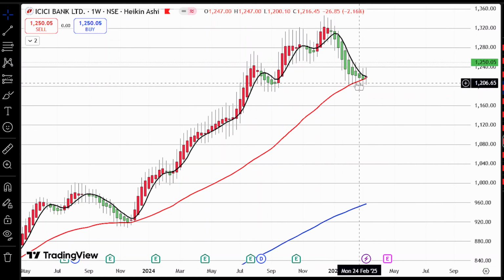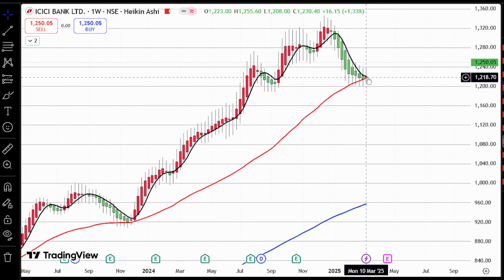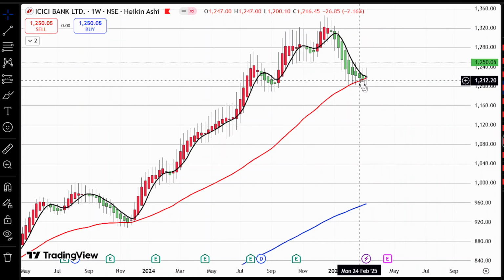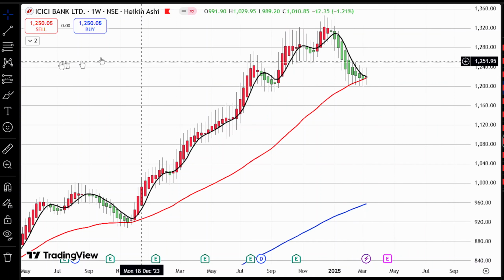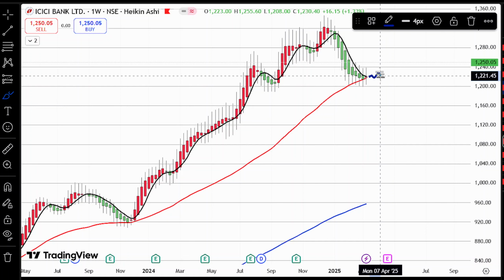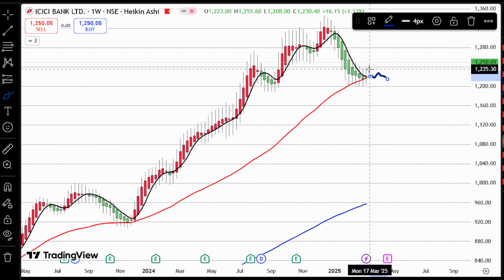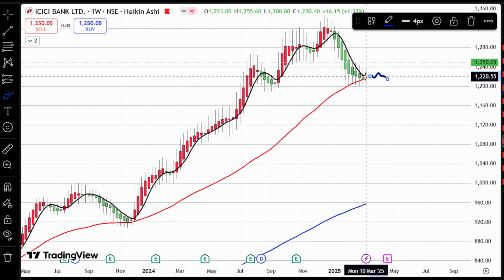When it reaches here and it coincides with this 50-week simple moving average, there is a chance that it will just consolidate a bit.